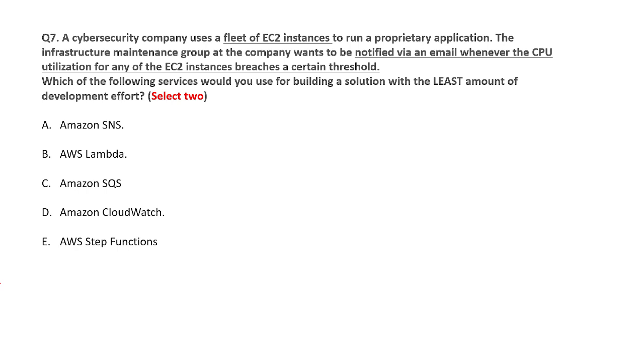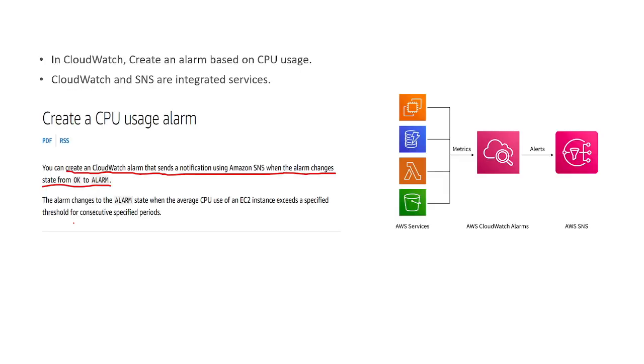CPU is also one of the metrics CloudWatch maintains. There is one more key note: CloudWatch can be integrated with the SNS topic, the SNS service, and the rest of the services are not that useful, because this is very clearly mentioned. I also have some tips, and I'll go through them.